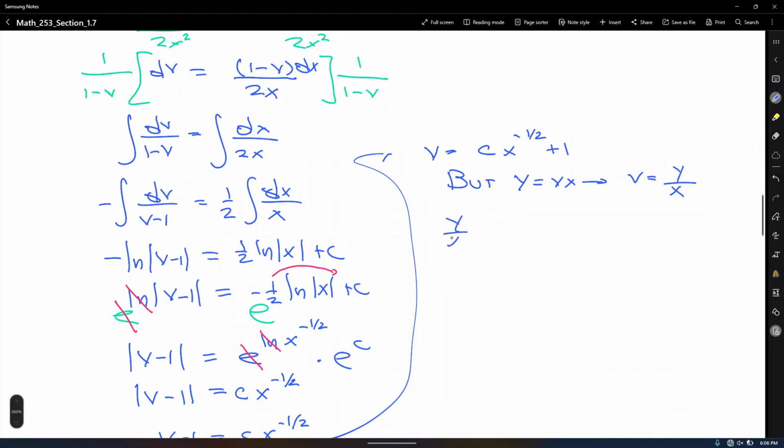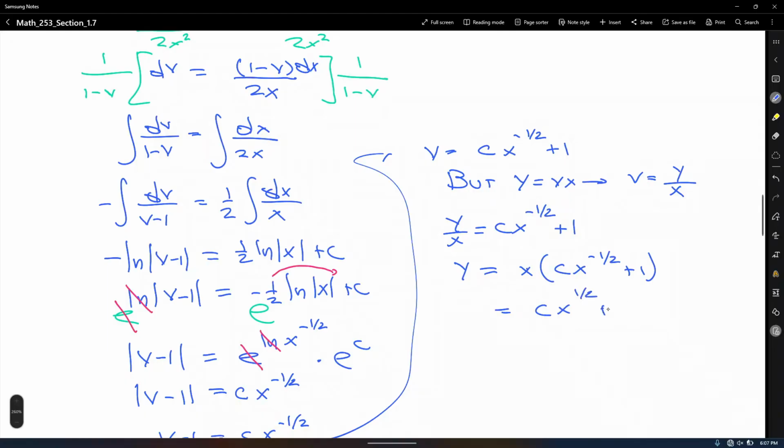So y over x equals cx to the negative 1/2 plus 1. All right? And what is this? y equals x times cx to the negative 1/2 plus 1. And in this case, you might want to distribute the x. So this is x to the first power, first power minus 1/2, isn't that equal to cx to the positive 1/2?